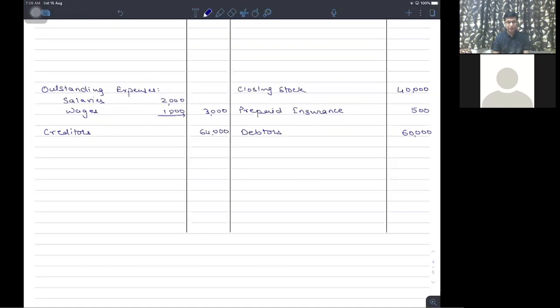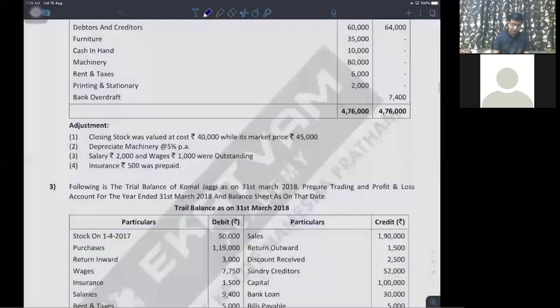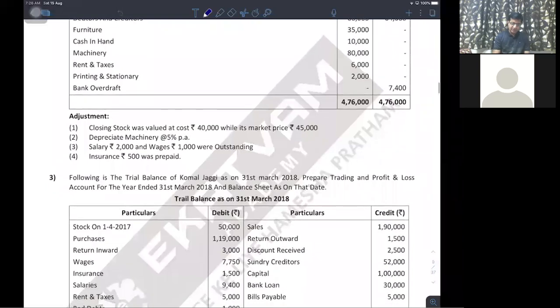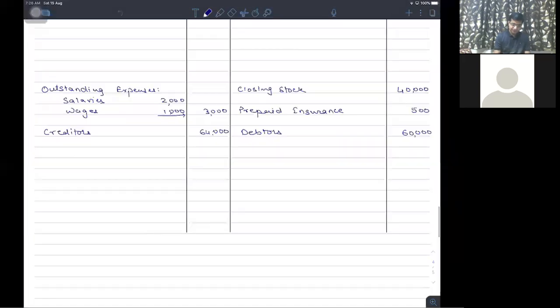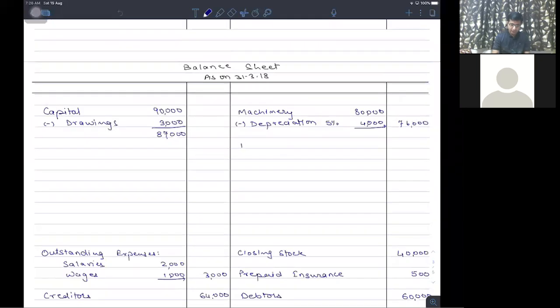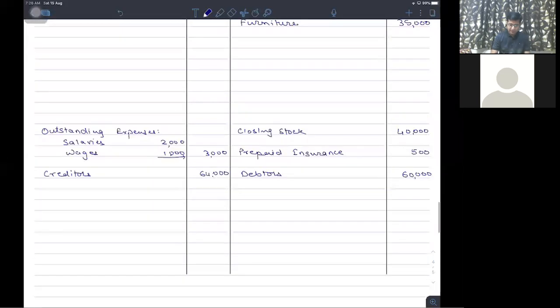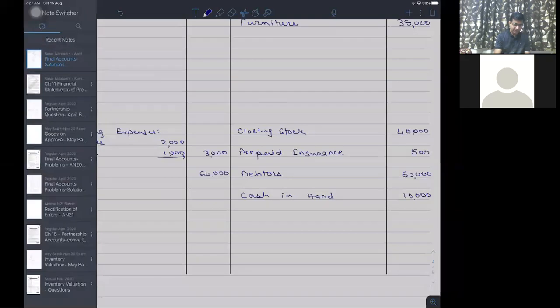All right. Furniture 35,000, cash in hand 10,000. Furniture being a fixed asset, cash in hand 10,000. All right.